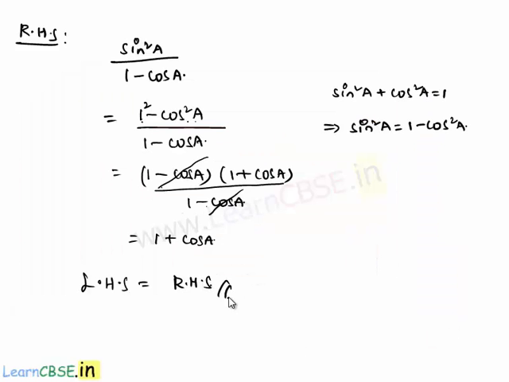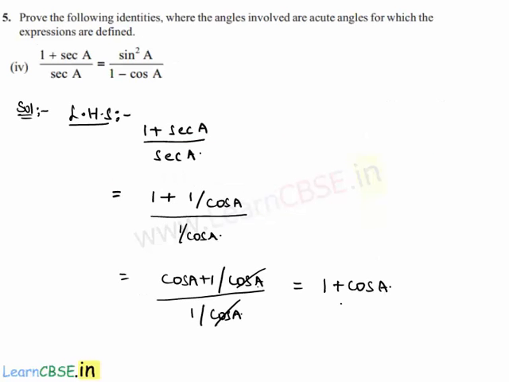So the equality (1 plus secant A) by secant A is equal to sin square A by (1 minus cos A) is correct.